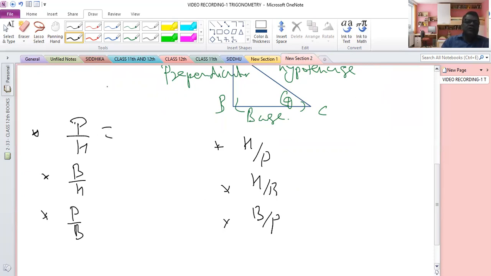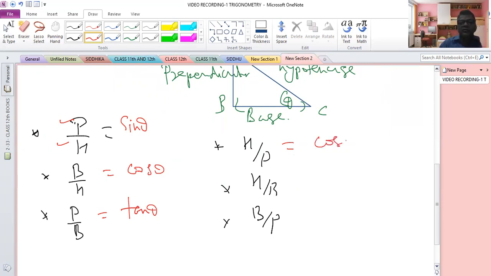The ratio between this perpendicular and hypotenuse is known as sine theta. Okay. And the ratio between base and hypotenuse is known as cos theta. The ratio between perpendicular and base is known as tan theta. Similarly, here the ratio between hypotenuse and perpendicular is given a name, and that is cosecant theta.